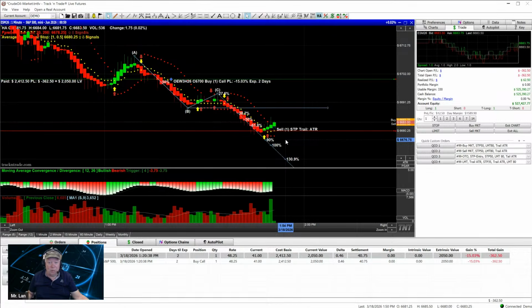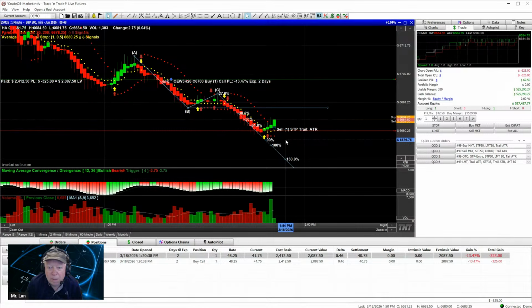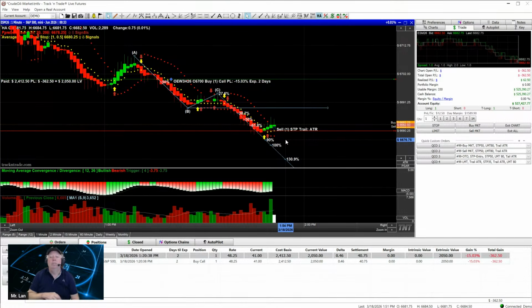So this probably won't be much of a trend. But remember, we got 2 days left in this option. We could leave it overnight if we wanted to.